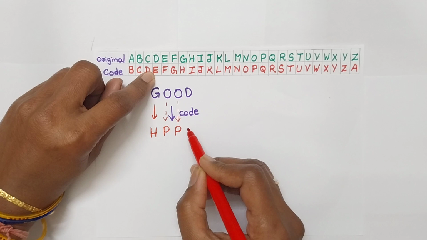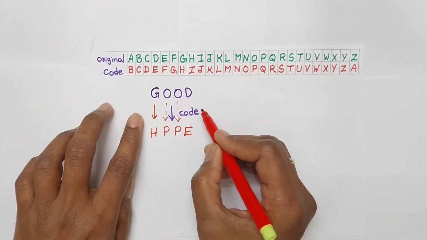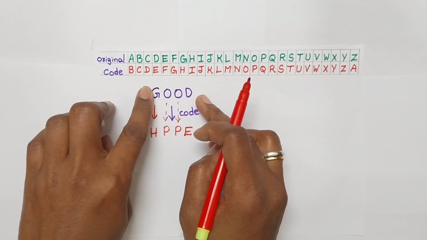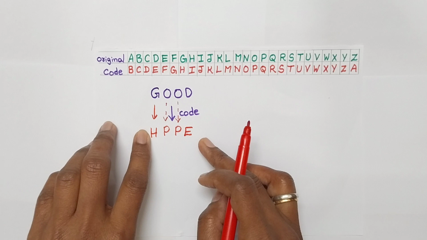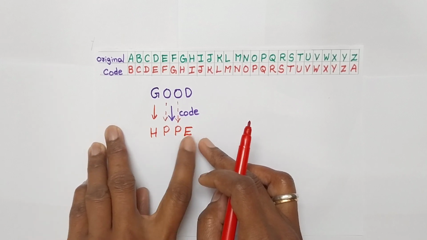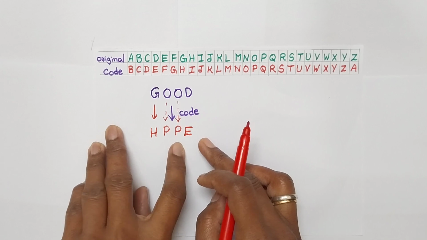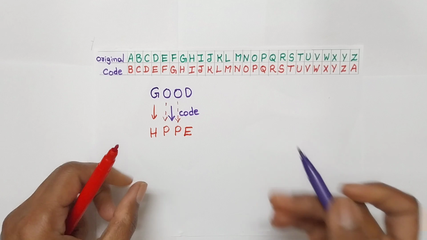E. So, we did the coding of the word "good". The coded word of "good" is HPPE. Okay, now we do one more word.